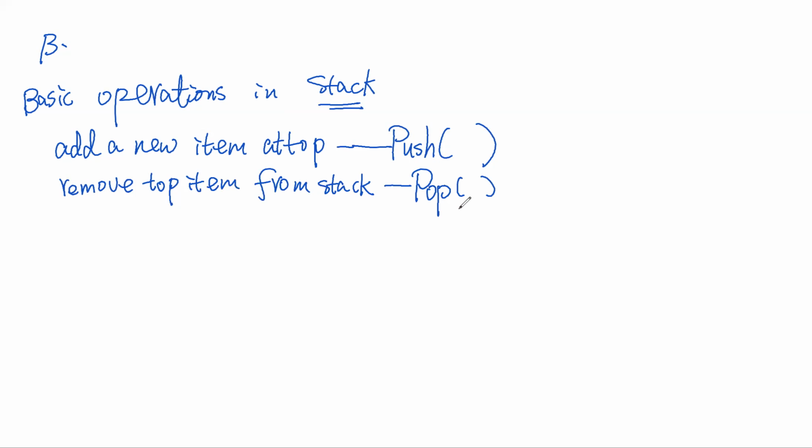And we are also interested in knowing what the top item is. That operation we call top. So those are the three basic operations in stack. You add a new item, we call it push; you remove the top item, we call it pop; and you retrieve the top item, we call it top.